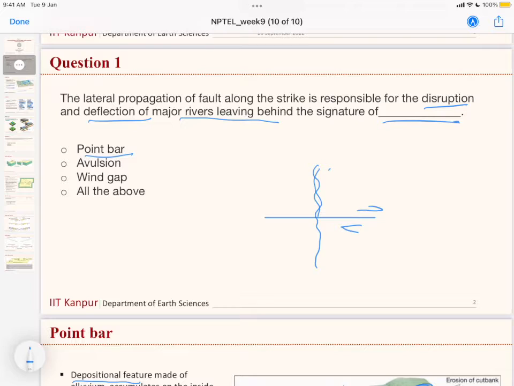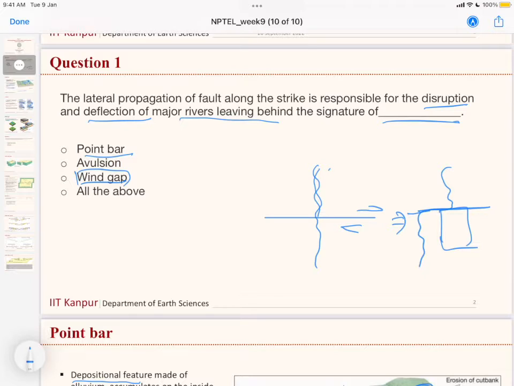So now what would be the after effect scenario? Since the river was moving like this, but now its path has changed like this. So this process is called a wind gap, because now a gap has been created with respect to its initial path.